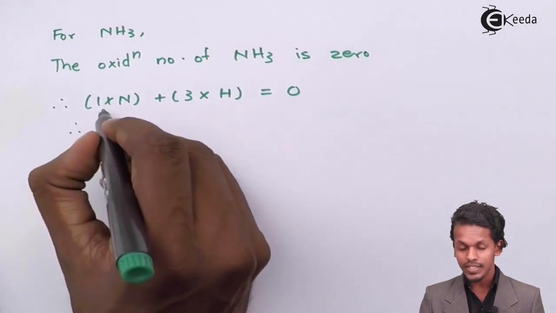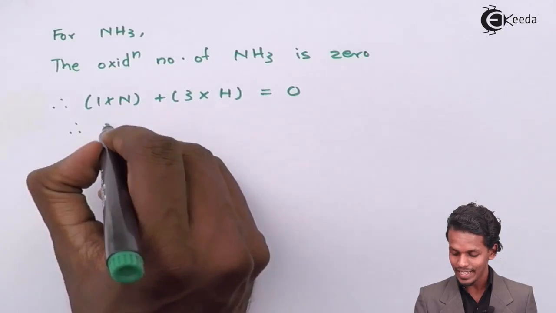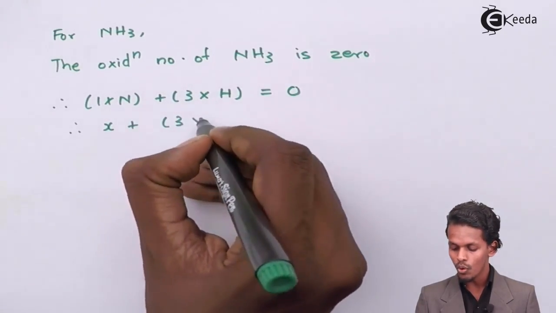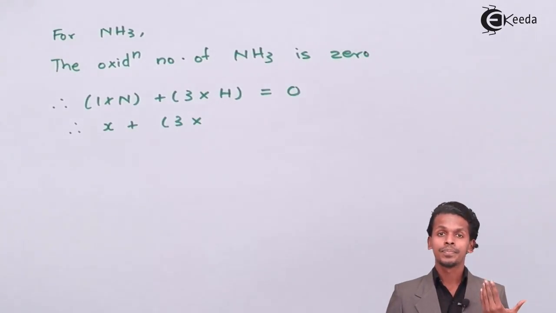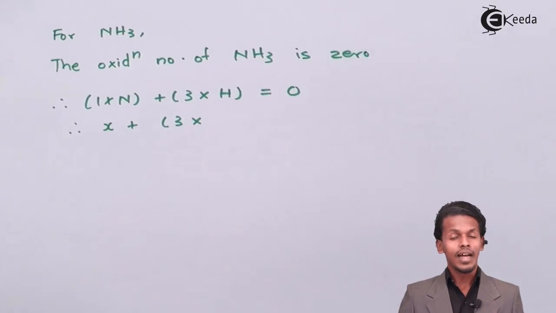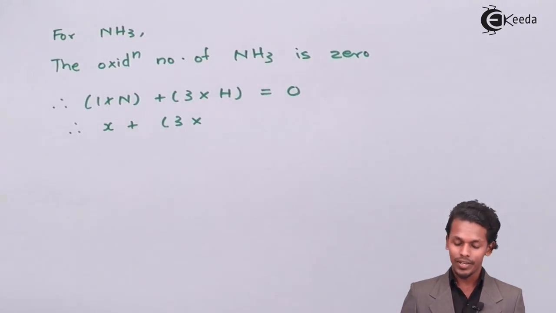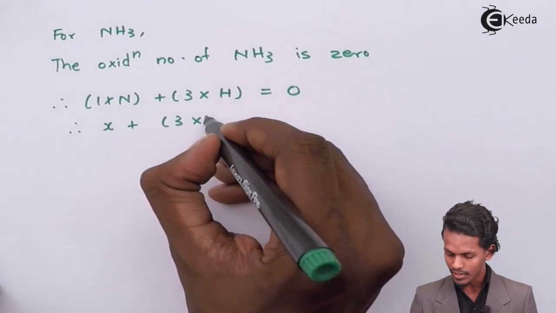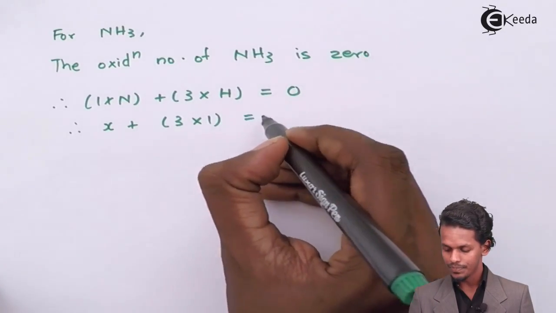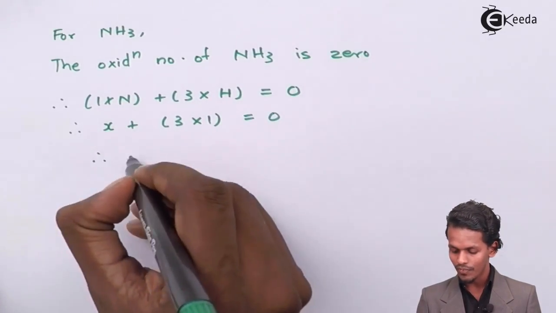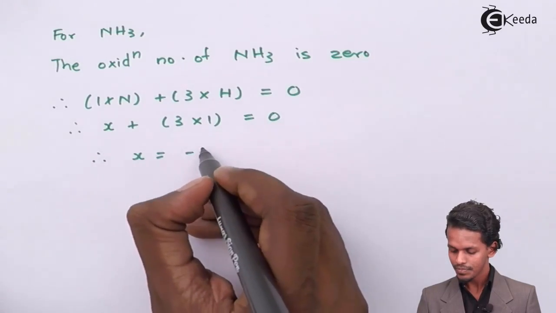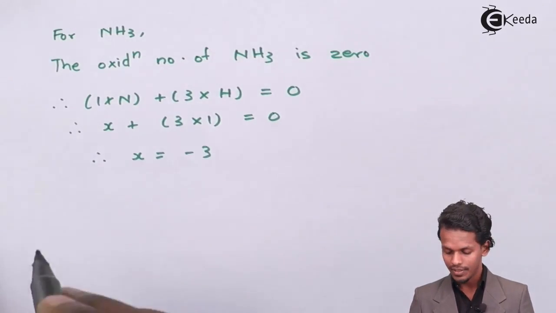I consider the oxidation state of nitrogen as X, plus 3 into the oxidation state of hydrogen, which is always 1. So the value of X in this case is -3.